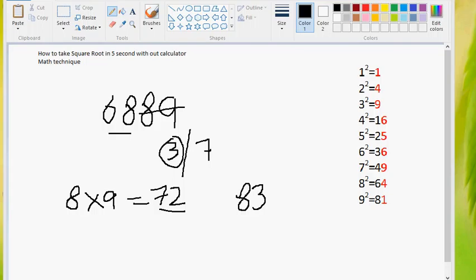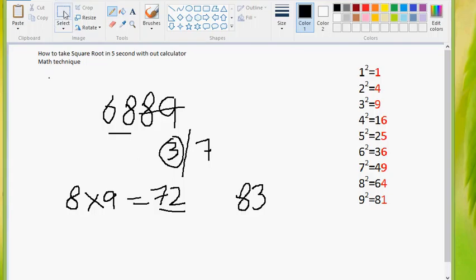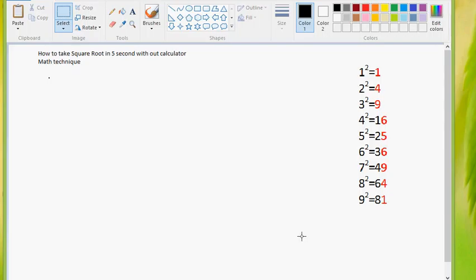Okay, let's check another number. Suppose we have the number 2916. You have to check this last digit 6. 4 multiplied by 4 is equal to 16, and 6 multiplied by 6 is equal to 36.